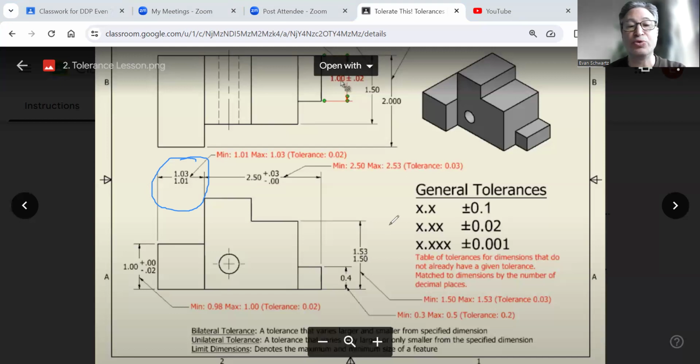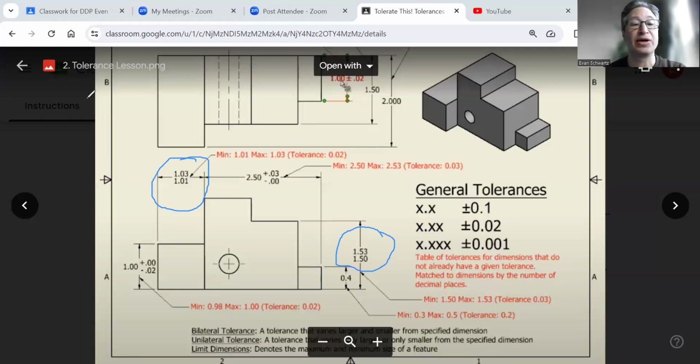Okay, if you said this over here, 1.53 and 1.50, you would be correct. So this is another example of limit dimensions. The tolerance is 0.03. This part here can be no larger than 1.53 and no smaller than 1.50.